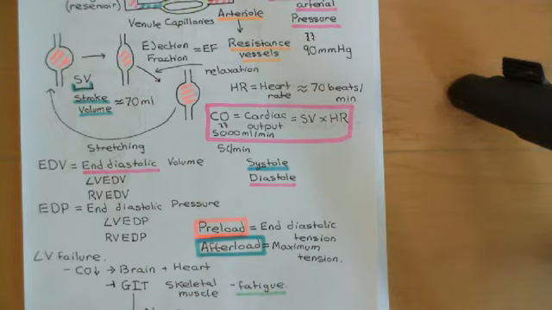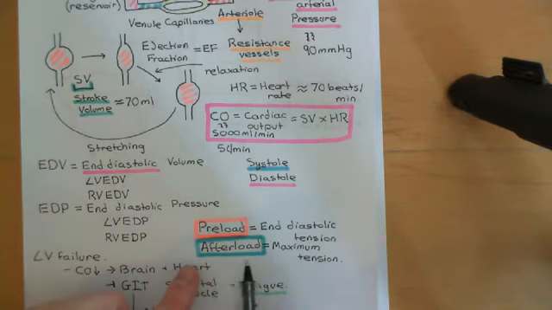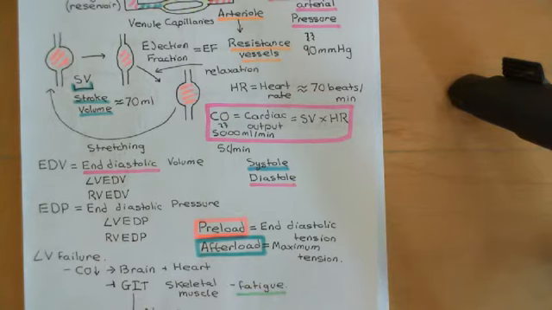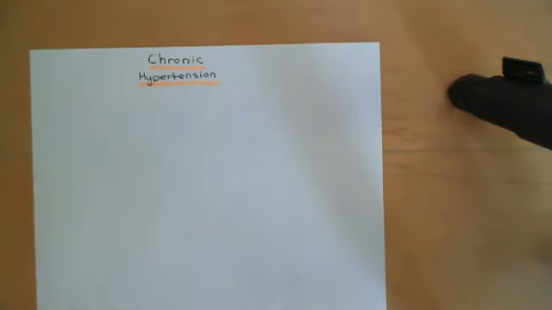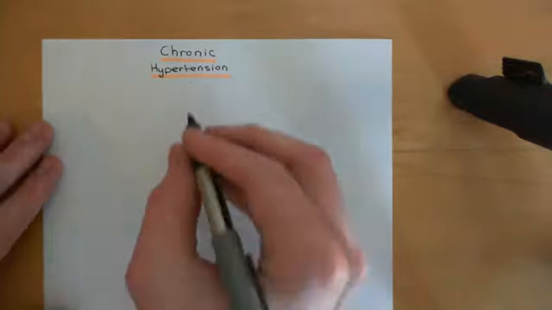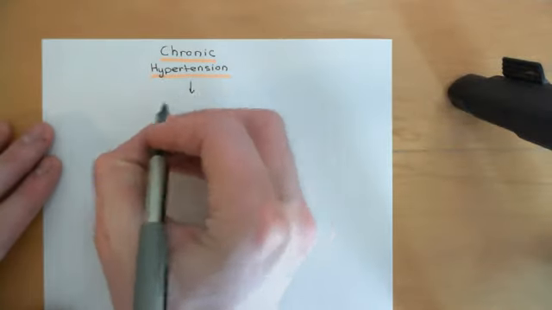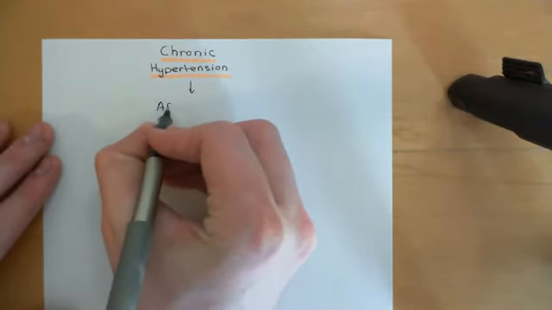That's the informal definition of afterload: how difficult is it for the left ventricle to pump blood into the arterial system. So if you have chronic hypertension within the arterial system, the afterload is going to be increased.